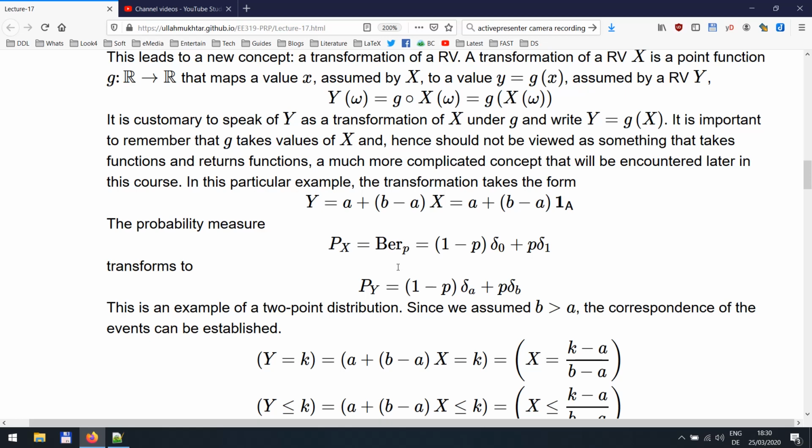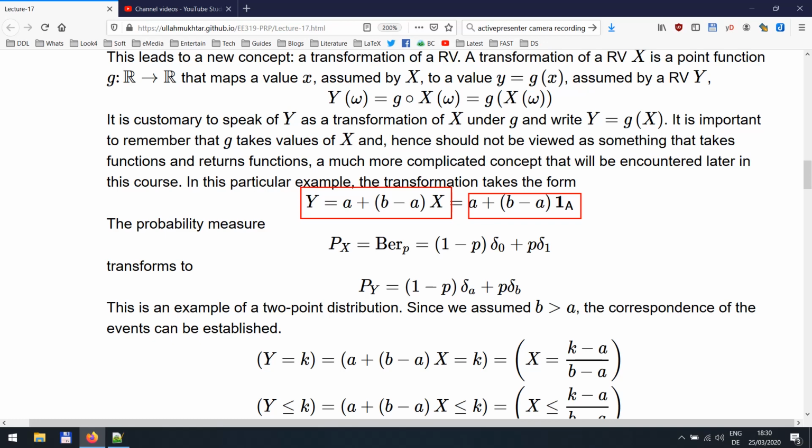So in our case, this transformation can be written in the form of a simple equation. We remove the omega to keep it simple, and we can also write it that way if we want to use the indicator function.